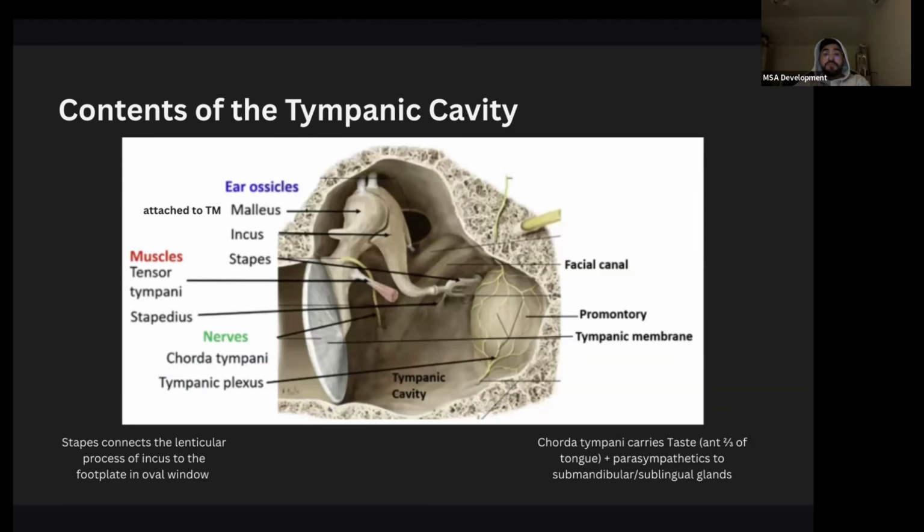It will also carry parasympathetics to your submandibular and sublingual gland. Okay. And the stapes right here is going to connect the lenticular process of the incus with the oval window. Okay.